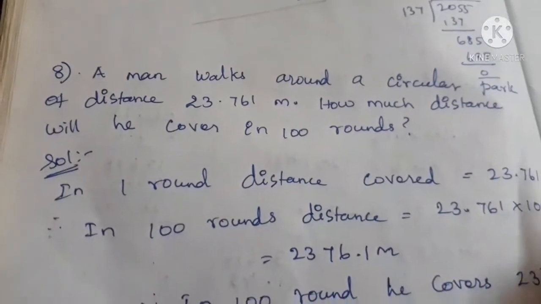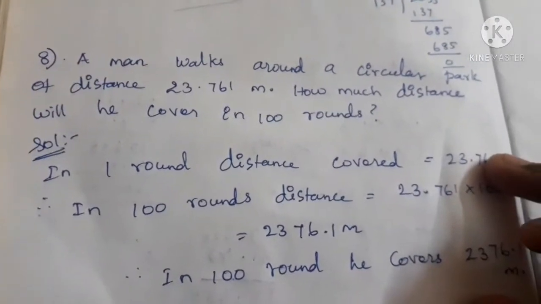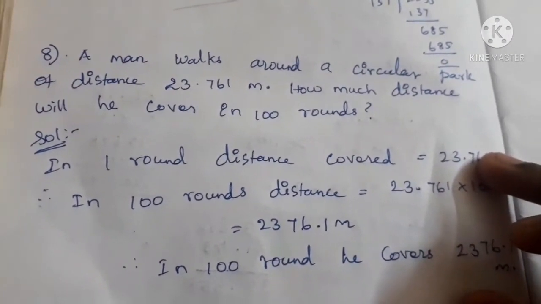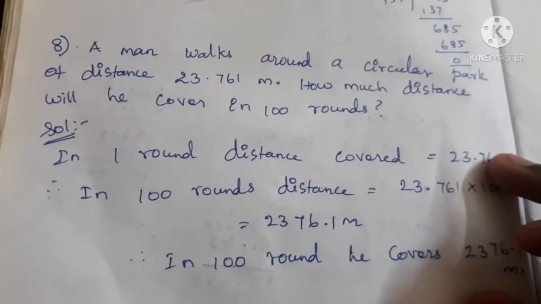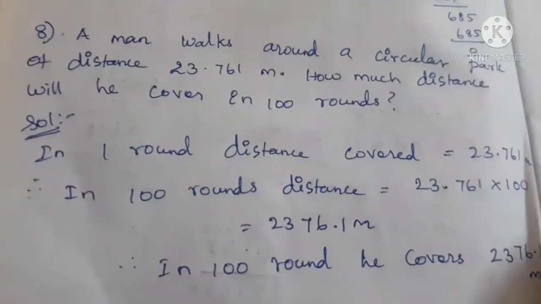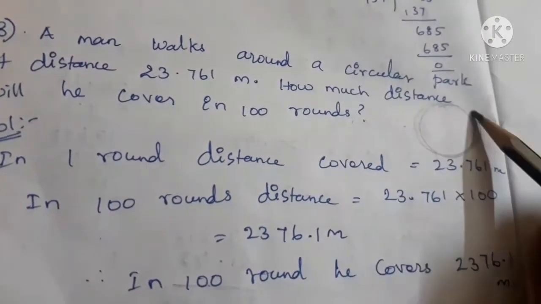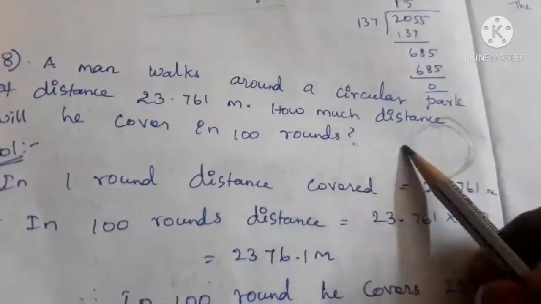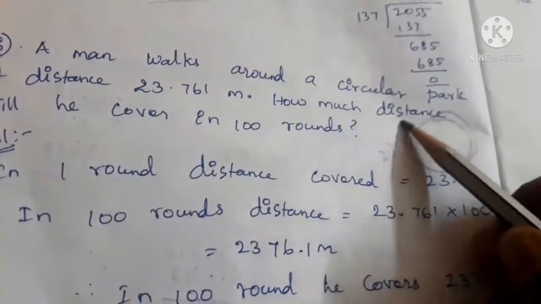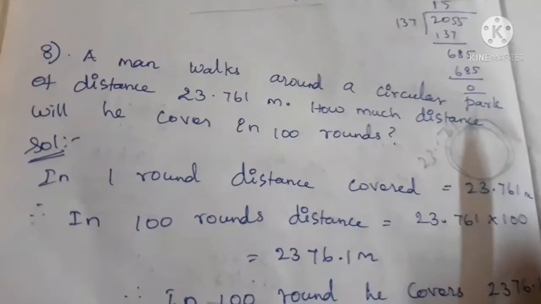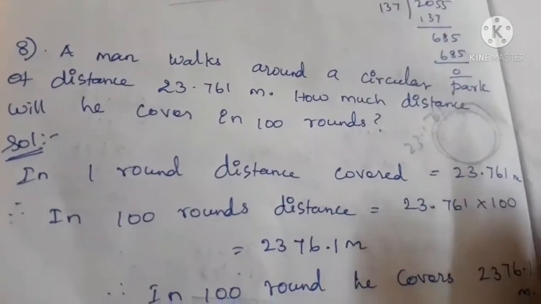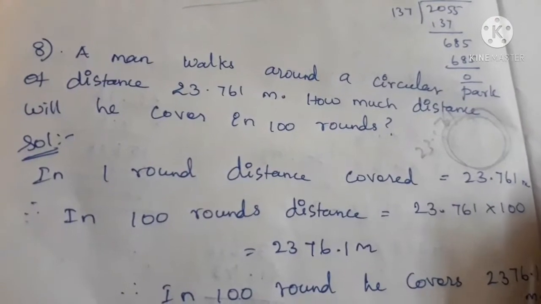A man walks around a circular park of distance 23.761 meters. How much distance will he cover in 100 rounds? So a circular park is there. To complete the circular park's distance, he needs 23.761 meters. So how much distance will he cover in 100 rounds?